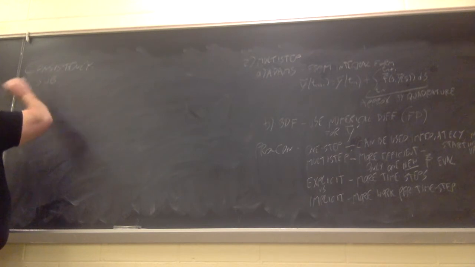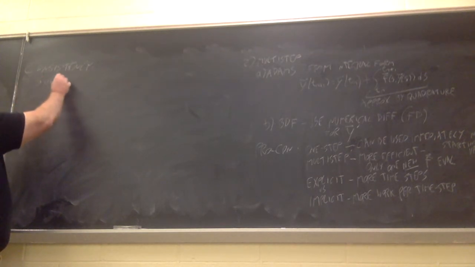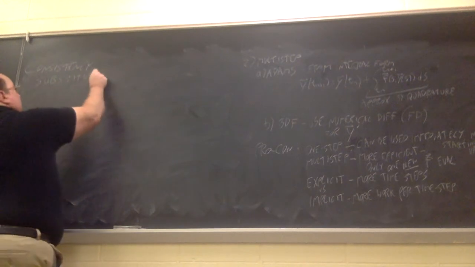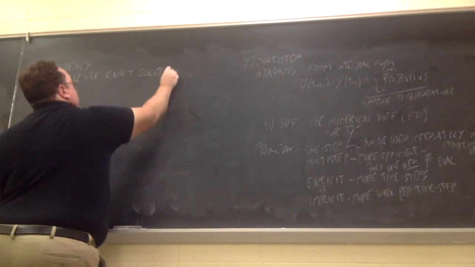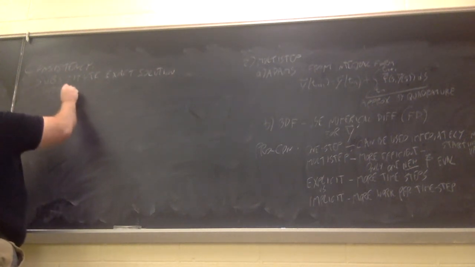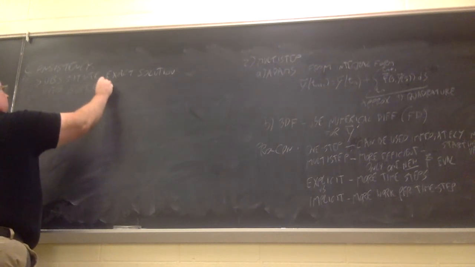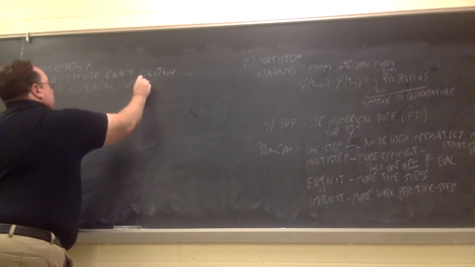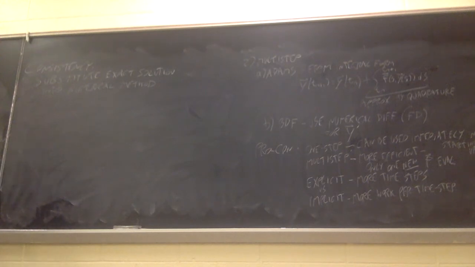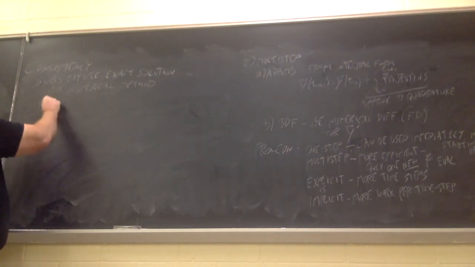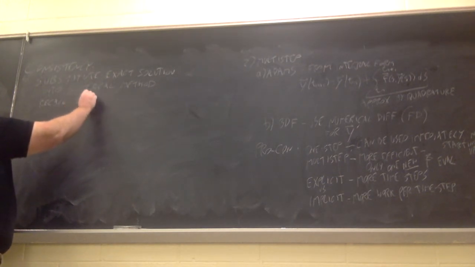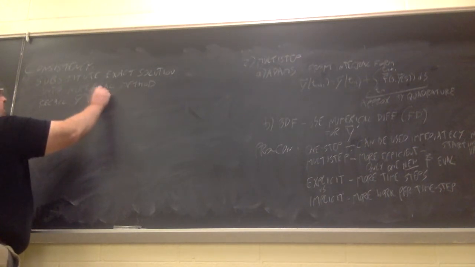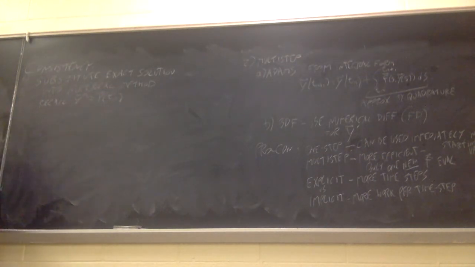Just like with Poisson's equation and similar time-independent equations, you substitute the exact solution into the numerical method. If we recall, y_n is our approximation to the exact solution y at time t_n. So exact, numerical.